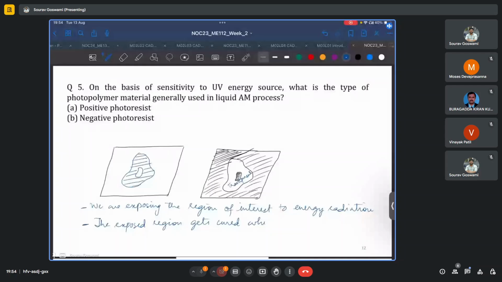And thus, it was the region which is cured, which turns out to be our desired region and which survives. Thus, the photoresist is of the negative type. Here also we see that the region which was cured selectively is the one which survived and went on to form the features. Thus, the type of photoresist may be said to be analogous to the negative type.